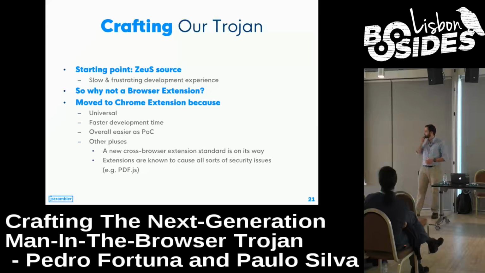And browser extensions looked really interesting. We master web technologies, JavaScript, HTML, CSS, so the development process is nice and friendly. They also run on Windows, Linux, Mac, doesn't matter. If there's a browser, we can run there, so cool.